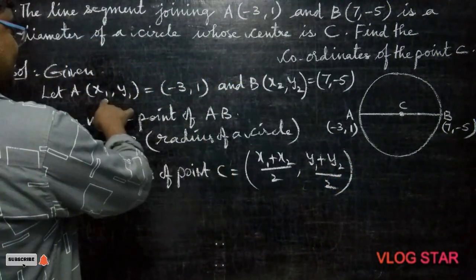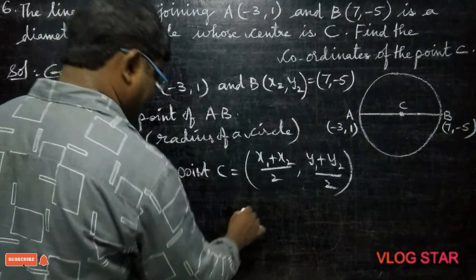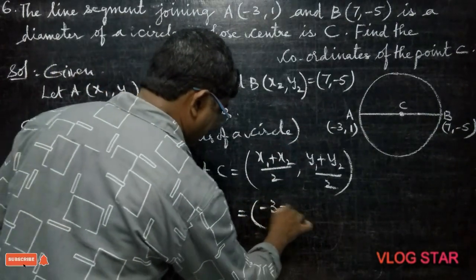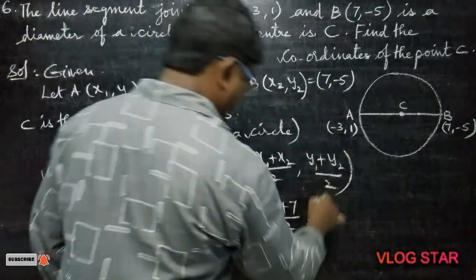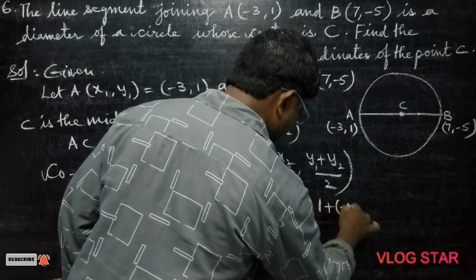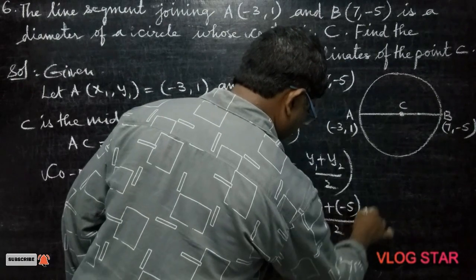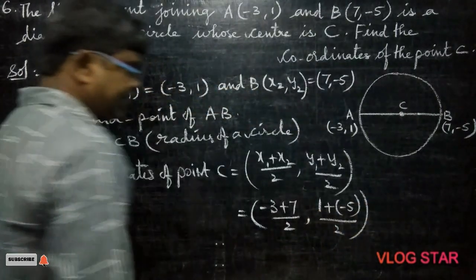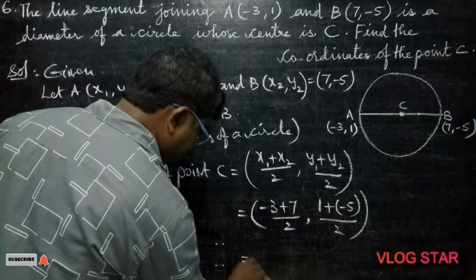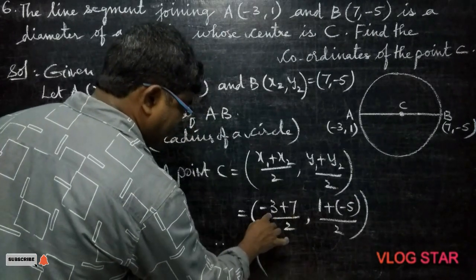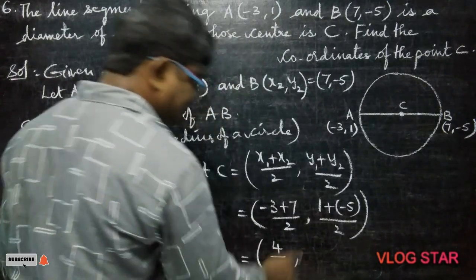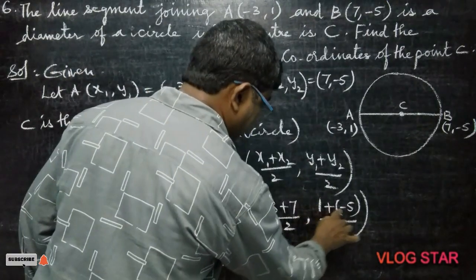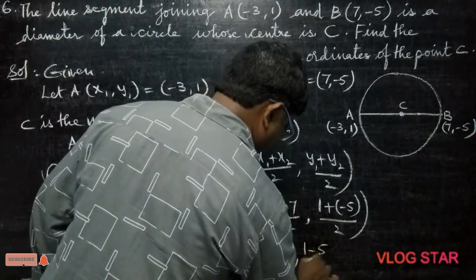Now x1 is -3 plus 7, by 2, comma 1 plus (-5). You have to be careful here and keep the bracket compulsorily. That is equal to 7 minus 3 is 4, 4 by 2, comma 1 plus into minus, minus 5 by 2.